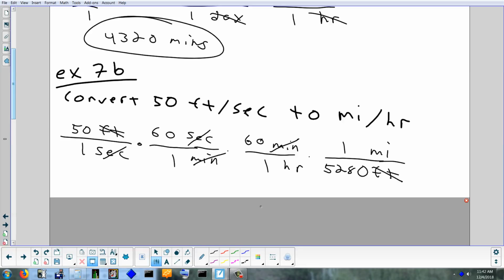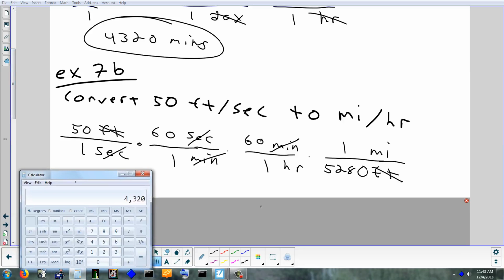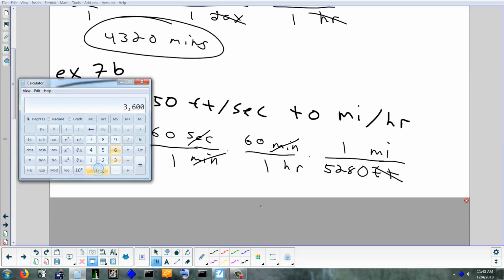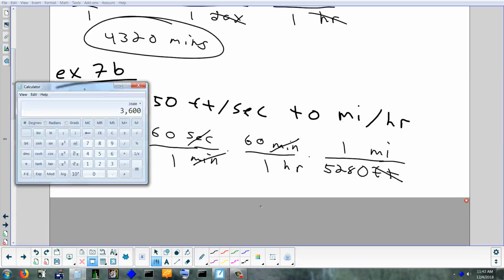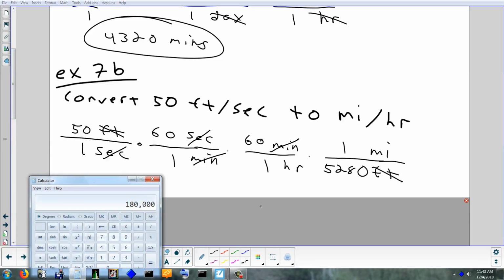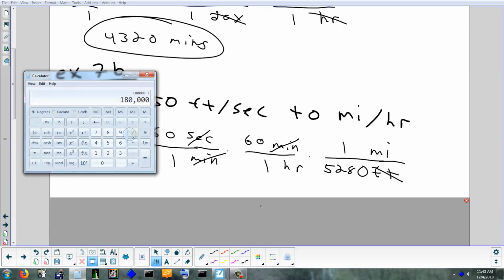Let's check our units that are left. In the top, it's miles. In the bottom, it's hours. So just multiply everything in the top. 60 times 60 is 3,600, times 50, and then you're going to divide by 5,280.